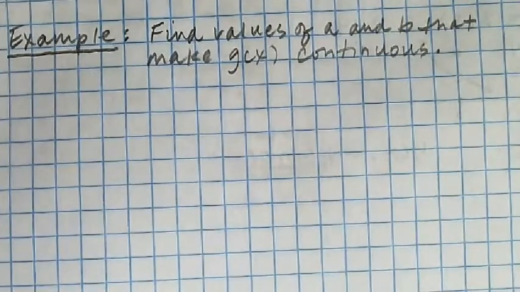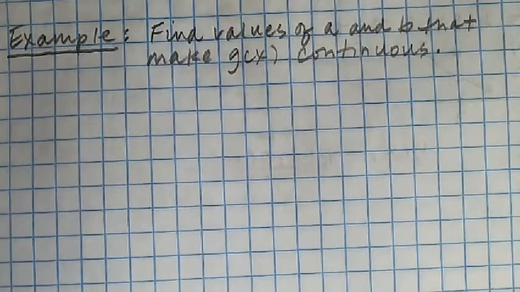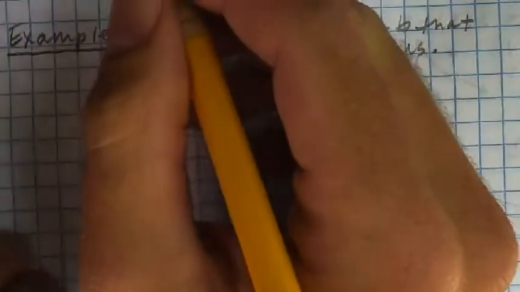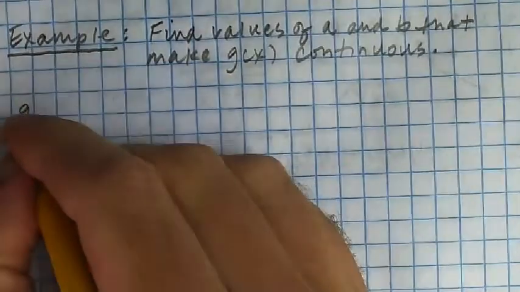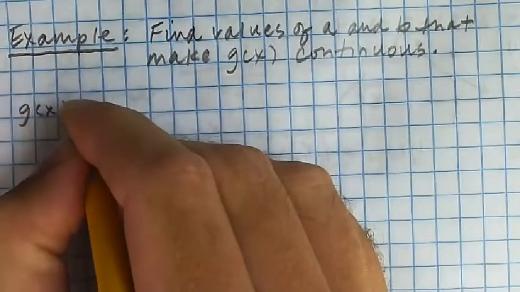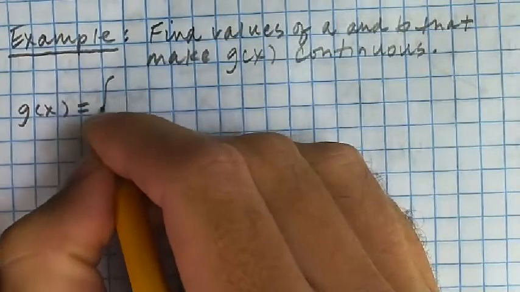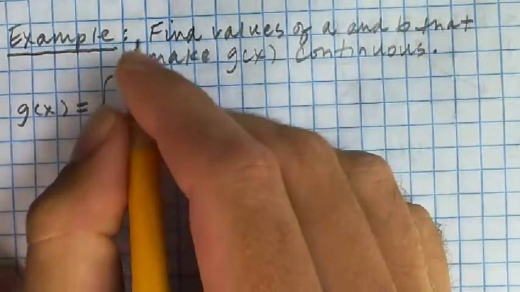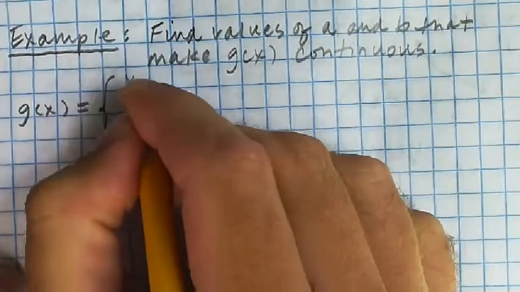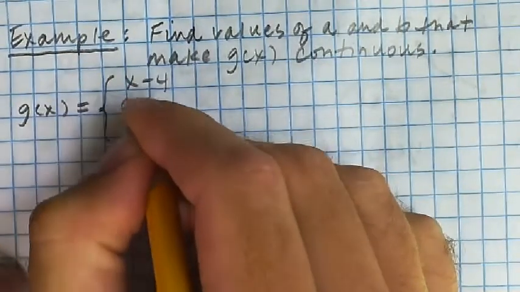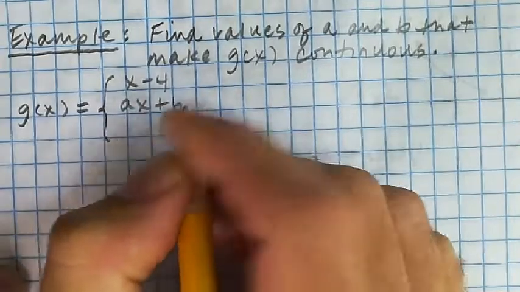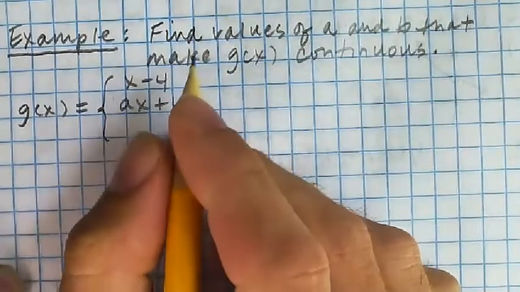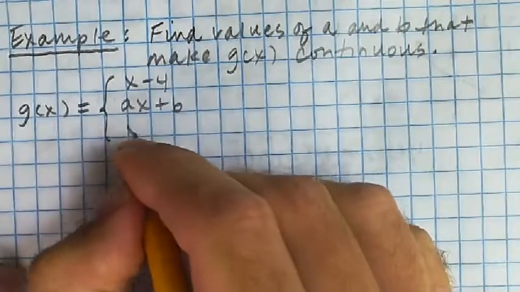Now here's one I've got that I want you to try on your own. This one's going to be a little more involved algebraically, but I think it would be good practice for you. So I've got a function g of x that I'm going to copy down over here. I meant to copy this before I started recording, but it's all right. It's going to be x minus 4, ax plus b, and x plus 2.